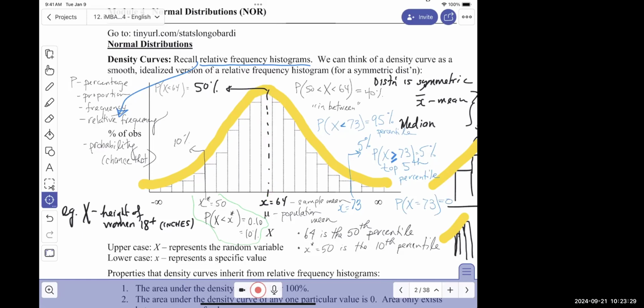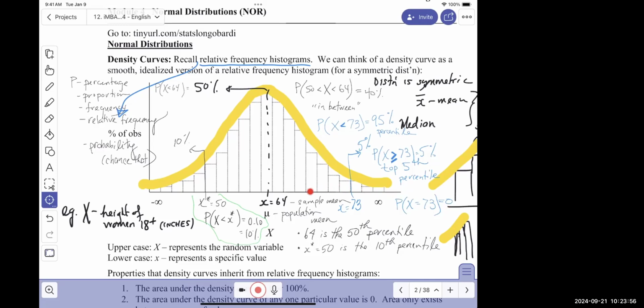Always we refer to the area to the left, the area to the right, or the area in between. We do not have area under the density curve. We do not have density, area, space, observations. We don't have them at a value. Okay, it's just 0. So this is a characteristic of continuous distributions.